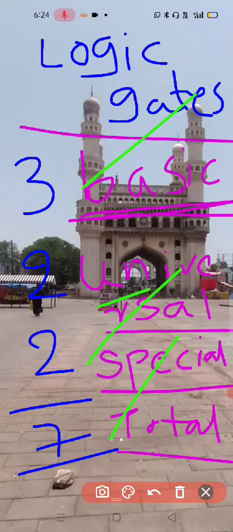Total 7. Okay. So next coming to symbols, we have different types of symbols. First one is the NOT gate. So in the NOT gate, this is the symbol of the NOT gate.